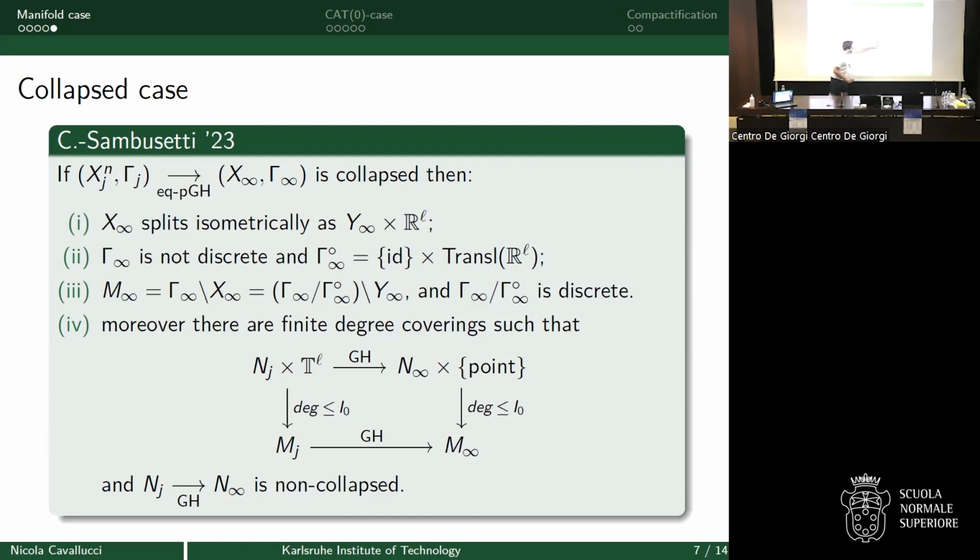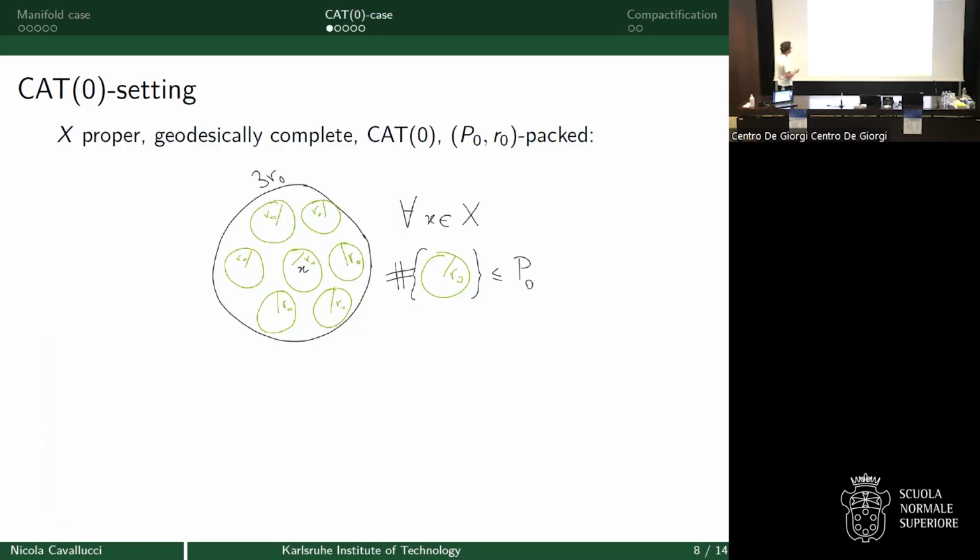This part converges to this part without collapsing, as in the previous theorem, and these fibers collapse to points. And then there is another cover. So up to finite cover, the only thing that can happen here is that there are some flat tori that are going to 0, that are disappearing. And this more or less solves the question for the manifold case.